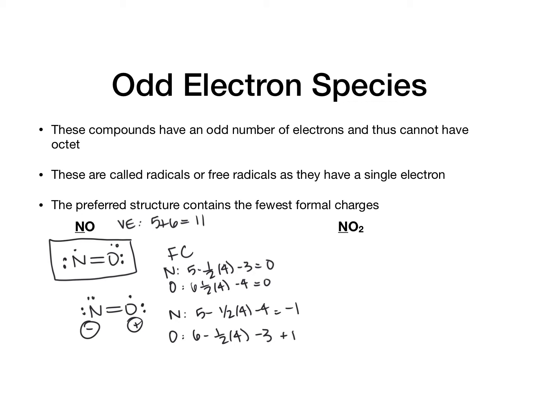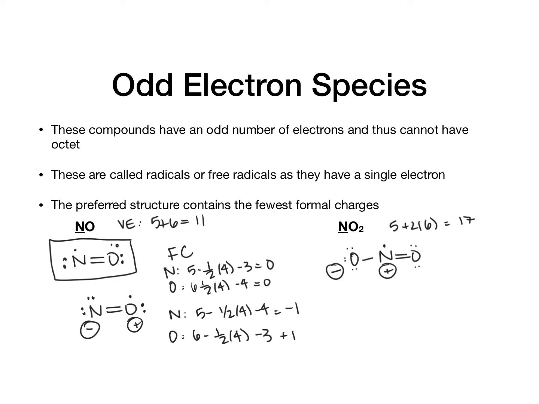So for NO2, it also has an odd number of electrons. 5 plus 2 times 6 is going to give you 17. And so you can draw these structures, and the 2 different structures are this. Where there is a single dot or single electron on the nitrogen, so we have a positive charge and a negative charge.